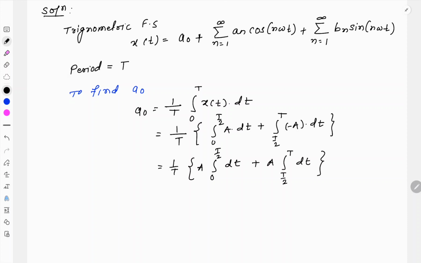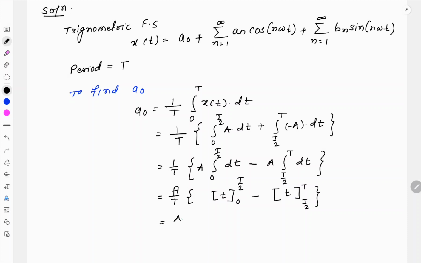But here we have the sign as negative, so this plus sign now becomes minus A. Again from both the integrations we can take A out of the bracket. Integration of dt is t with the limit 0 to T by 2, minus integration of dt, which is again t, with the limits T by 2 to T.